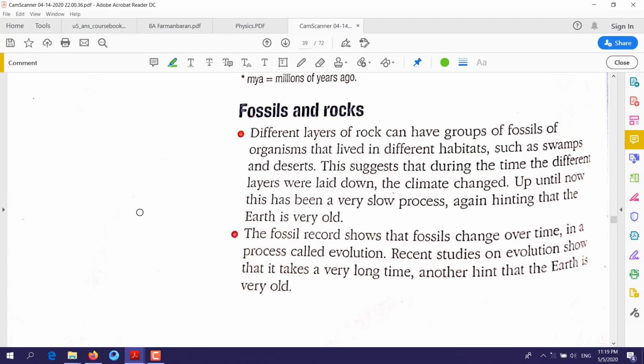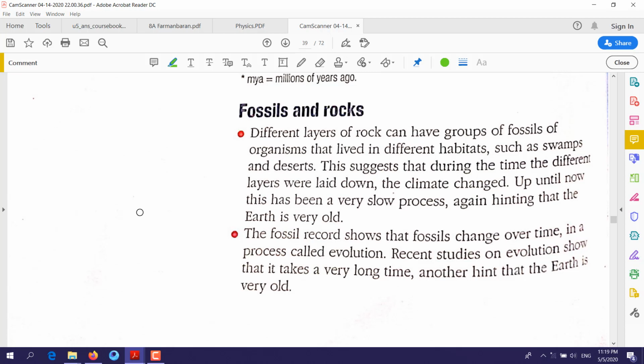Fossils and rocks. Where can we find fossils? We can find them in rocks. We mentioned three types of rocks: sedimentary, metamorphic, and igneous rocks. So we will find fossils only in sedimentary rocks.